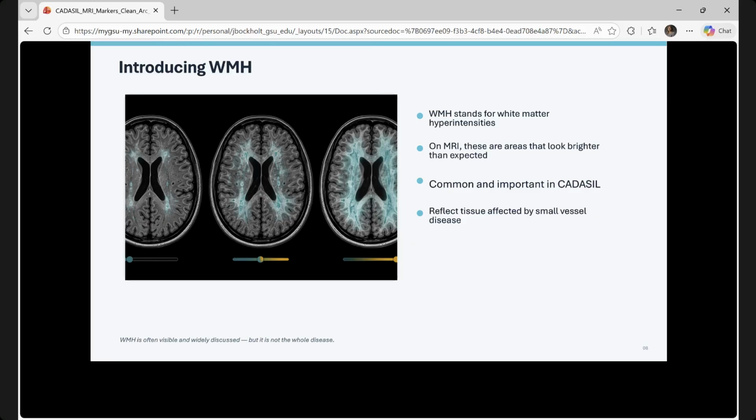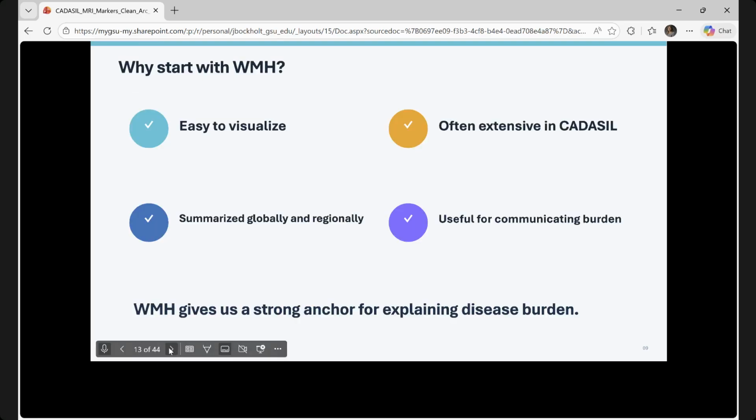In this cartoon example, you see the bright areas. They're not circled in this one, but I'll show you another slide in a bit where the actual lesion classification is circled. But essentially all of this bright area is actual lesion.